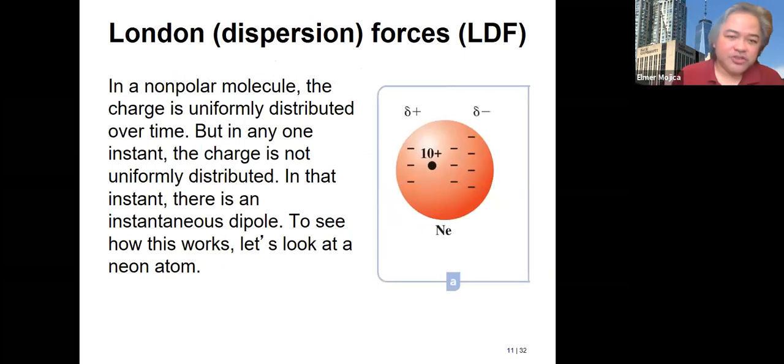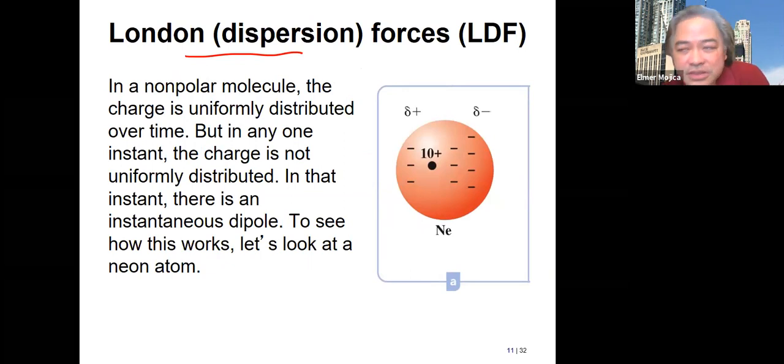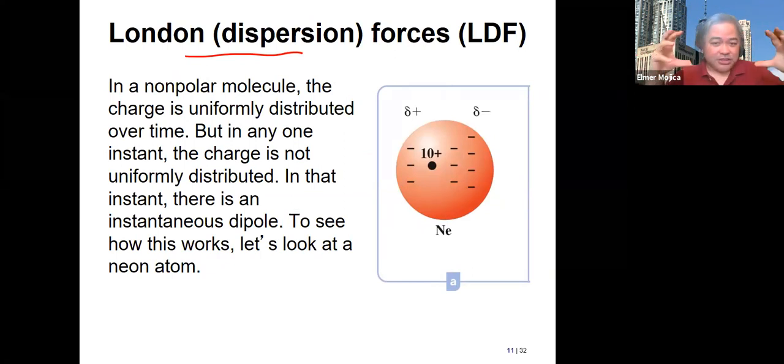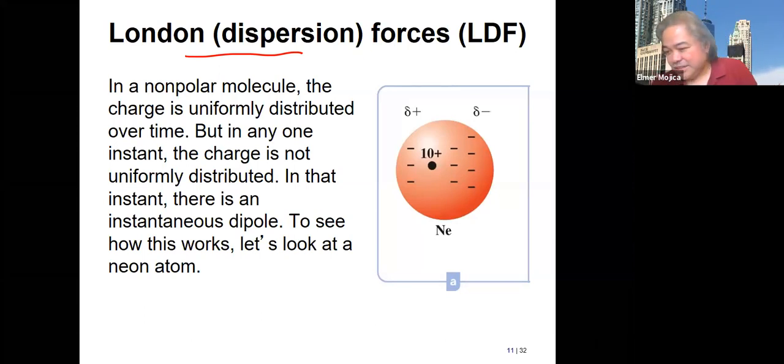So if you're going to look at this LDF, in non-polar molecules the dipole moment is 0. If you have two atoms, there's an equal sharing of the electrons. But what is the nature of the electron?